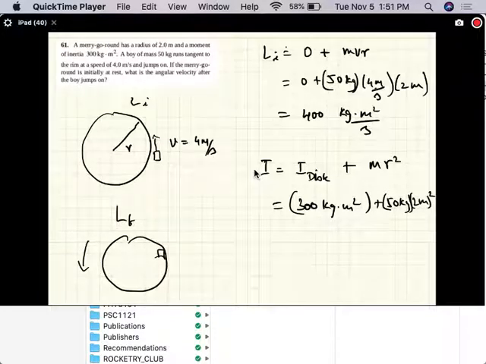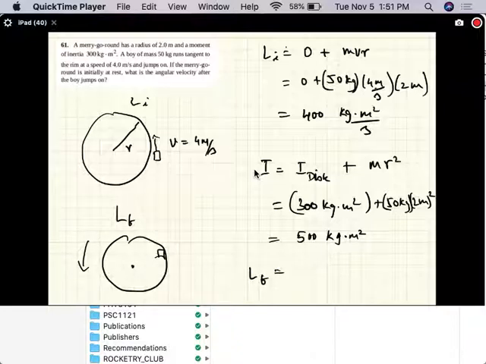So that's 200, so 500 kg meter square. That's the moment of inertia of the combined system, and again everything is rotating about that axis.